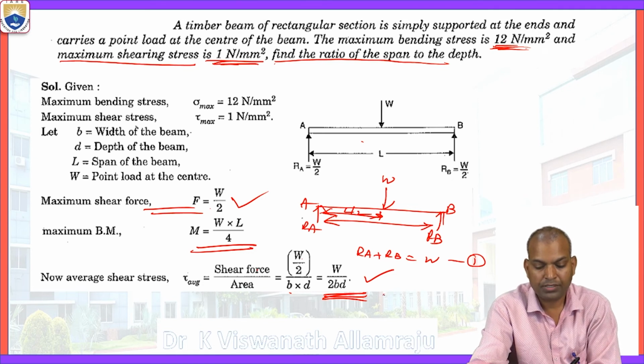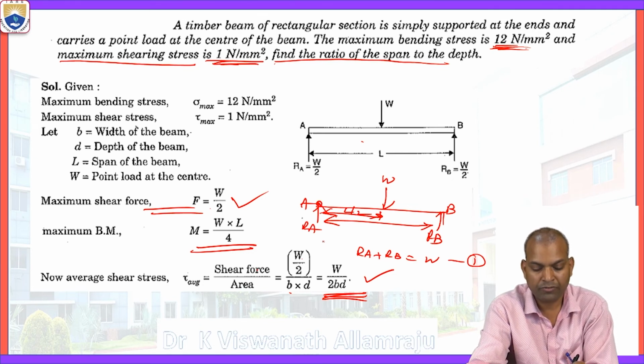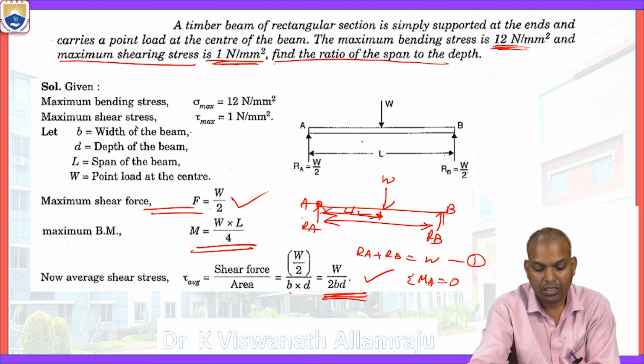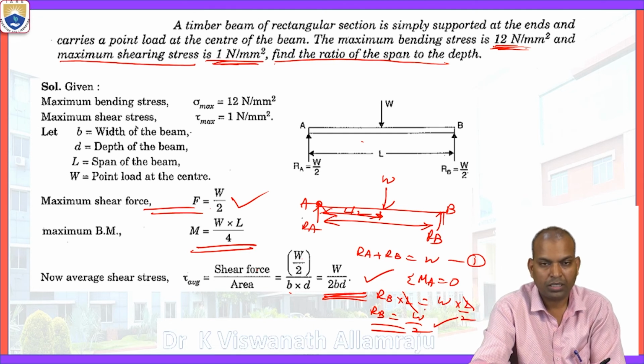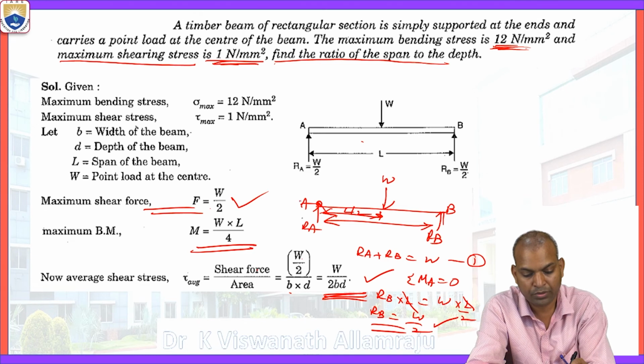Take moments about A, that is moment equilibrium, sigma M about A equal to 0. That is RB into L equal to W into L by 2. Then L gets cancelled, RB equal to W by 2. If RB equals W by 2 and RA plus RB equals W, then RA equals W by 2.